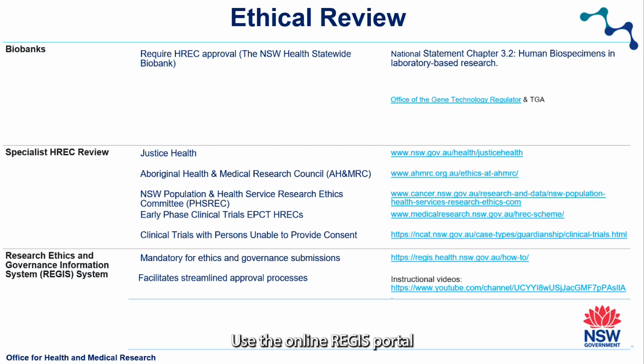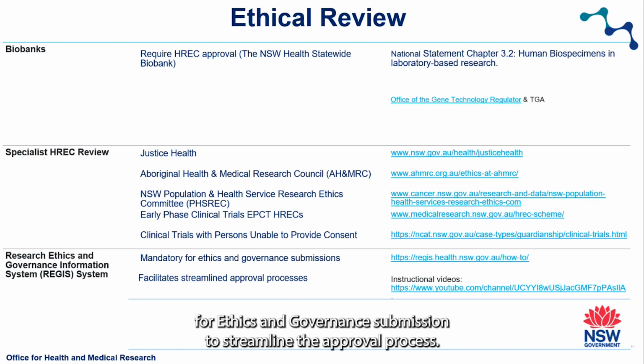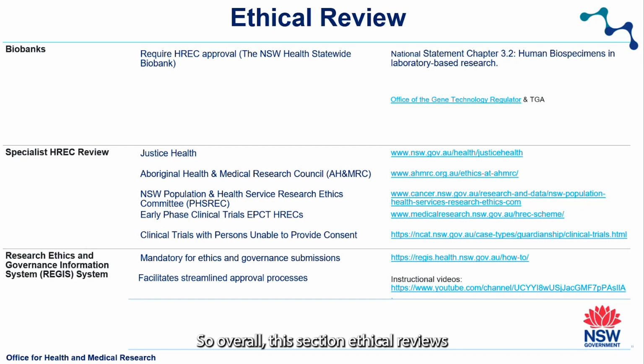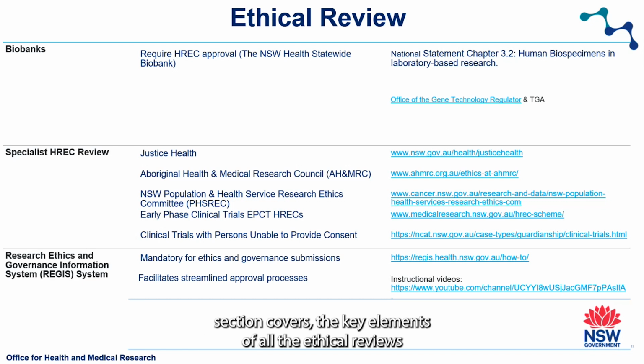Use the online REGIS portal for ethics and governance submission to streamline the approval process. So overall, this ethical review section covers the key elements of all the ethical reviews comprehensively. Use this material to ensure that research complies with ethical standards and to facilitate efficient approvals.